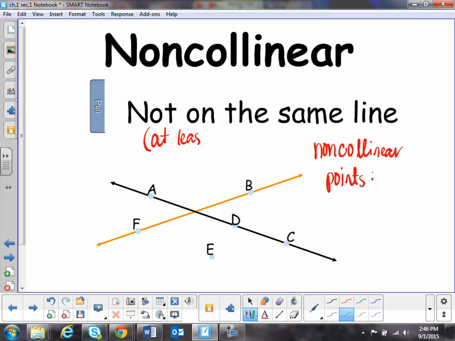At least 3 points, because any 2 points are technically collinear. So in this case right here, I could choose A, and it can be on any of the sets because that's the one on those two lines. You've got the orange line and the black line.